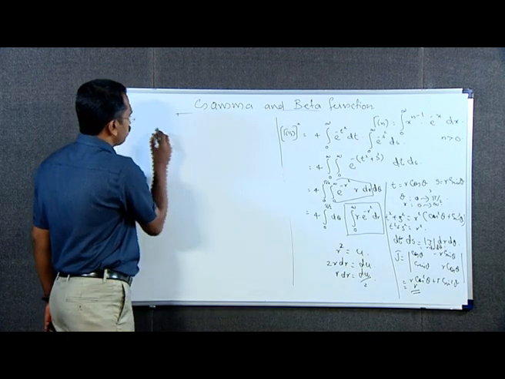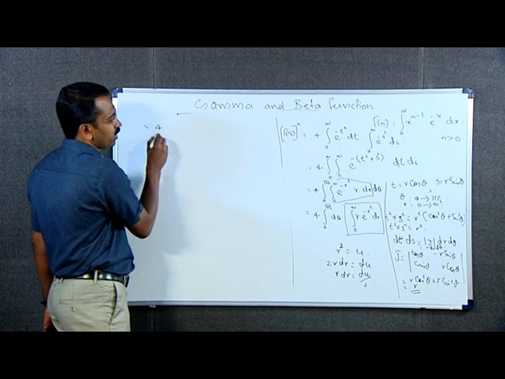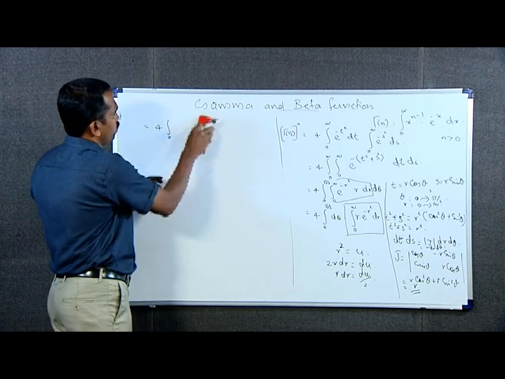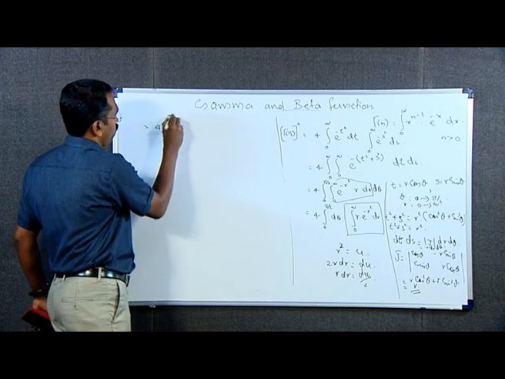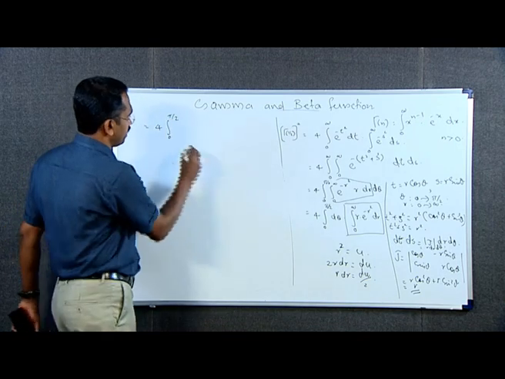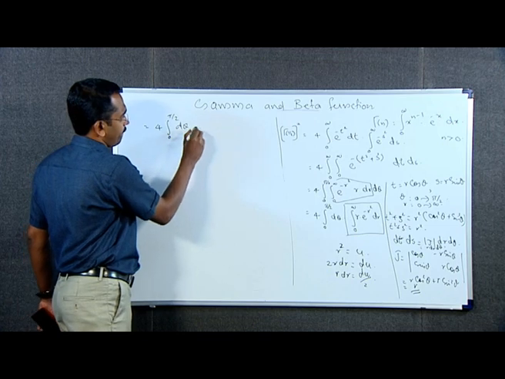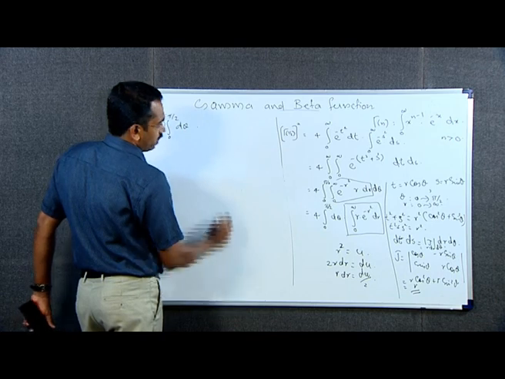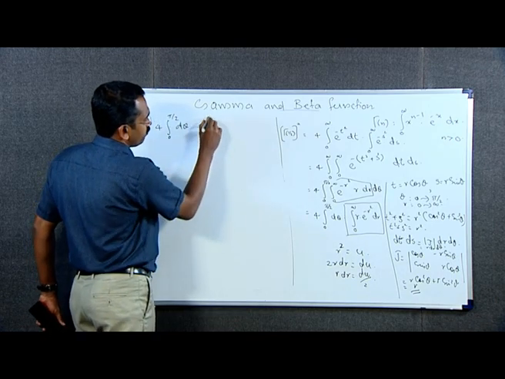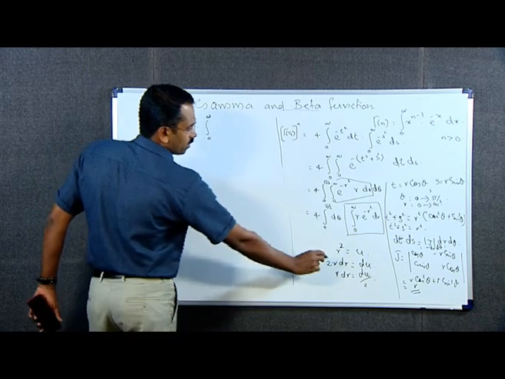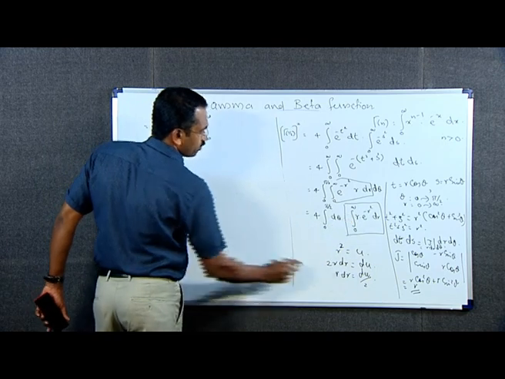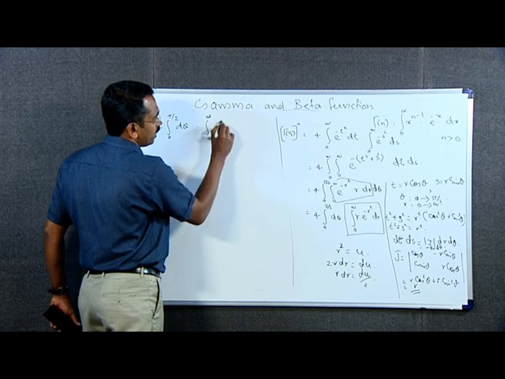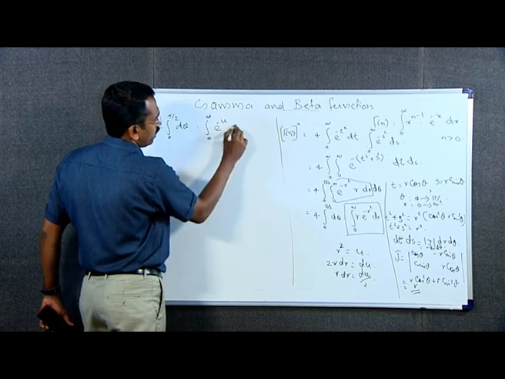Therefore, this is equal to 4 into integral from 0 to pi by 2 d theta into integral from 0 to infinity. Here r dr is du by 2. e raised to minus r square means e raised to minus u du by 2.